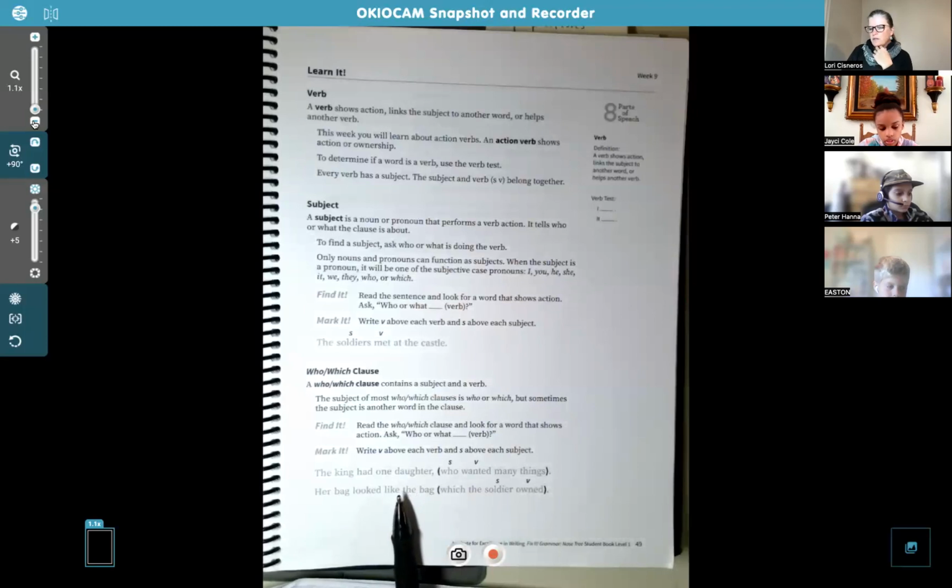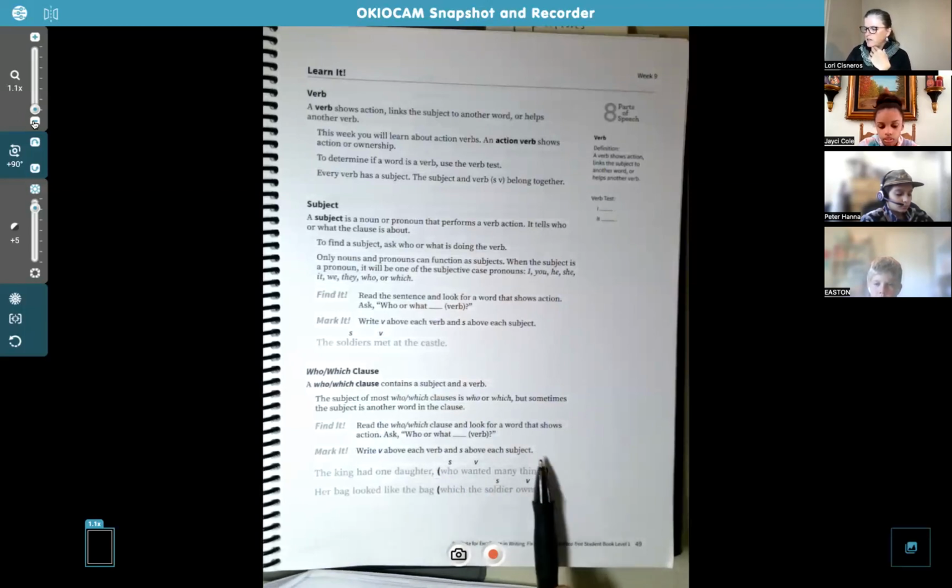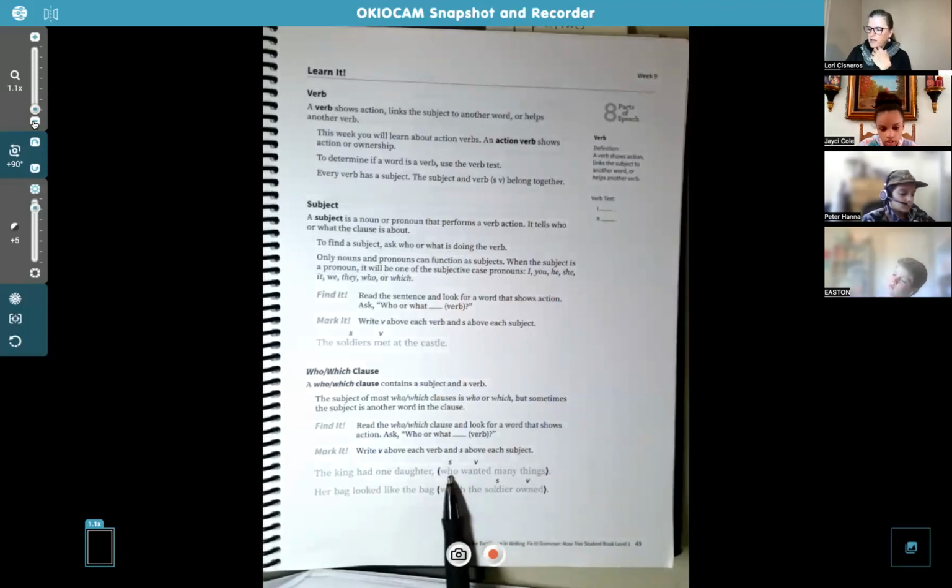Okay, these two examples at the bottom, let's look here. The first one says, the king had one daughter who wanted many things. So the who clause is who wanted many things. Notice they put parentheses around it. You're going to do that too. And you're going to label the subject and verb inside of that clause.